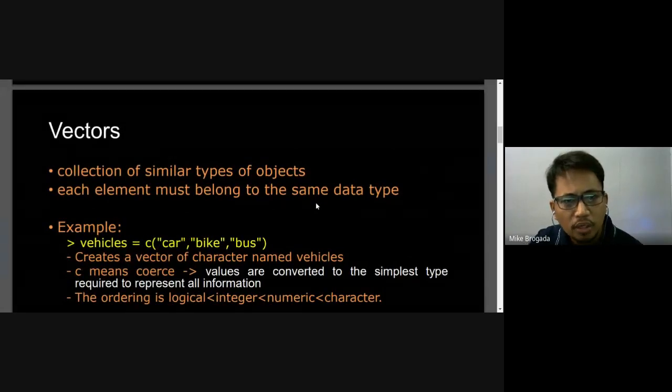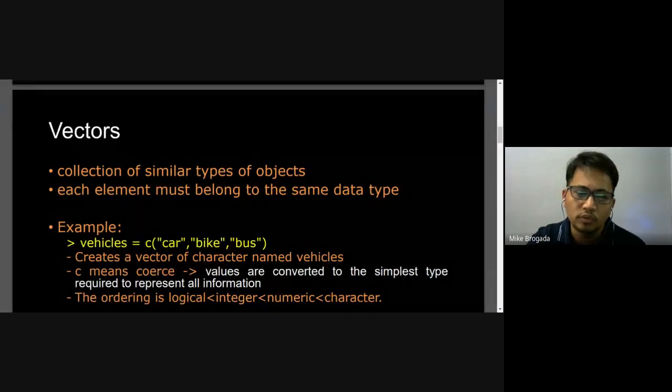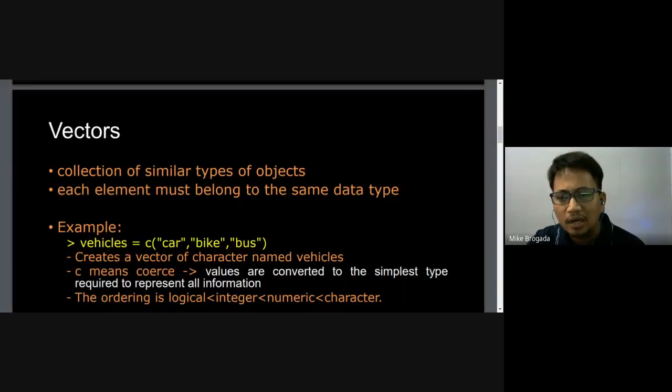So vector is a collection of similar types of objects, meaning each element of a vector should belong to the same data type. So if you have a vector of characters, then all elements should be characters. Okay?